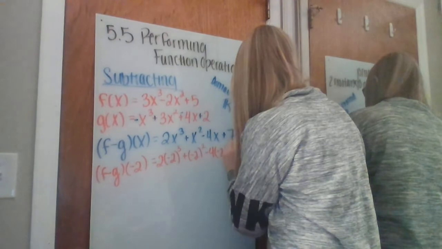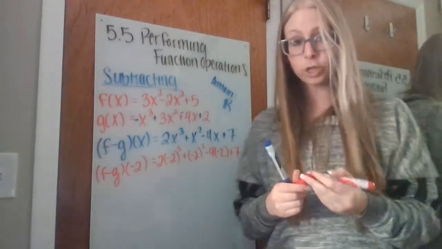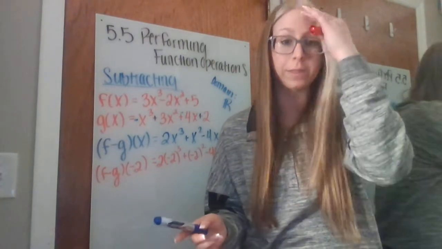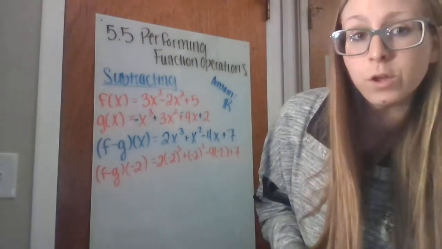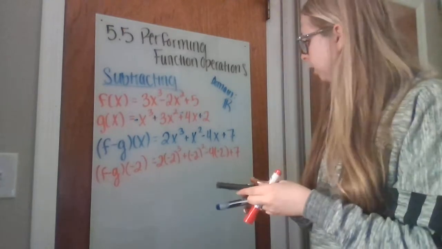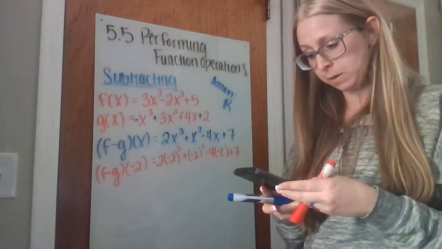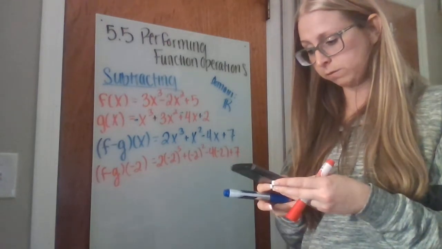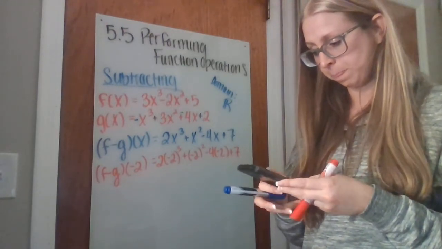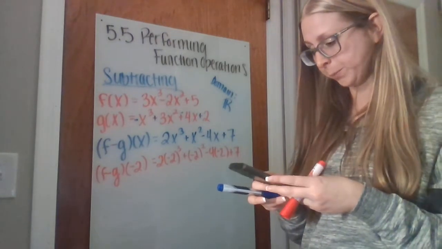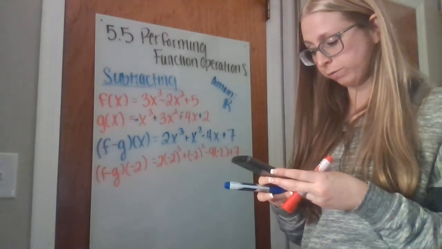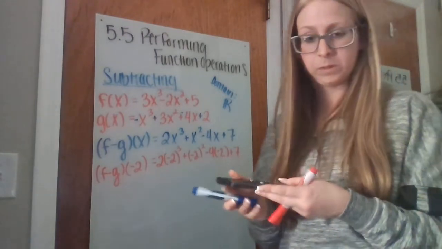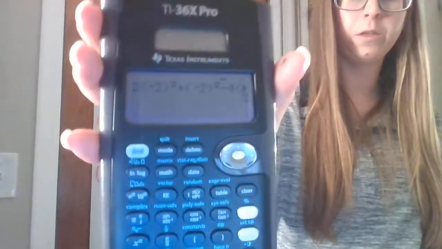And remember, I taught you guys when you replace numbers and put them in, to put them in parentheses. You have to do that here, otherwise your exponents are going to get messed up. So I have 2 negative 2 cubed plus negative 2 squared minus 4 times negative 2 plus 7. And I get 3. Okay.